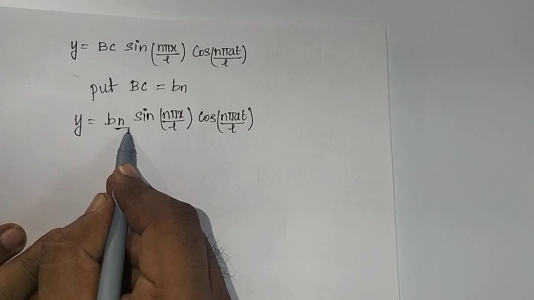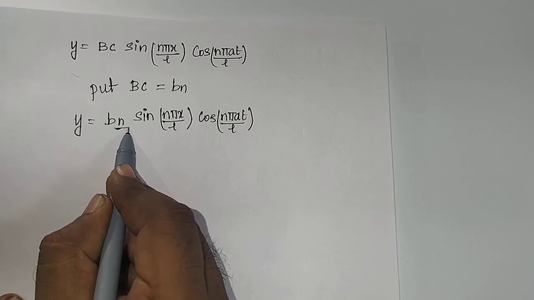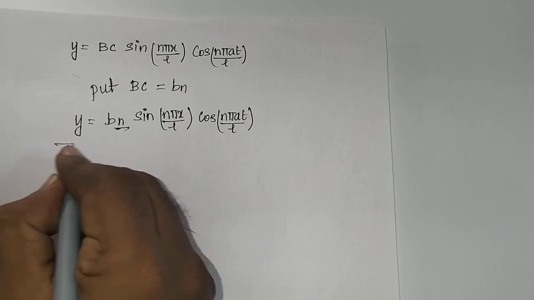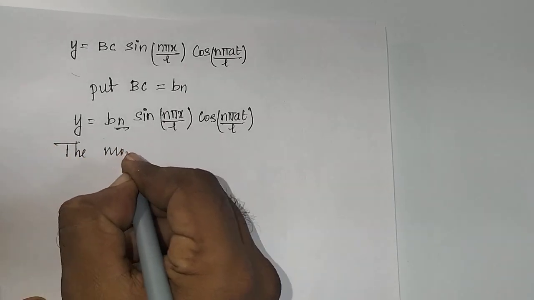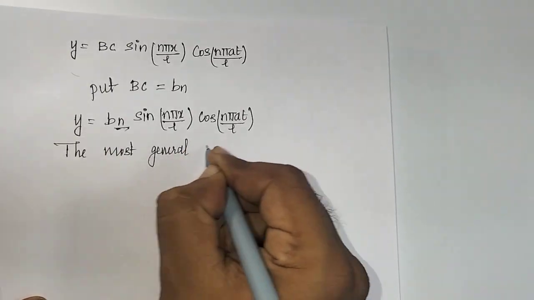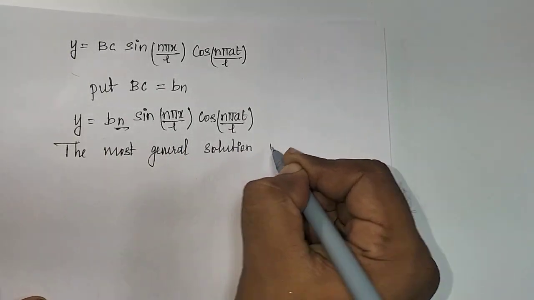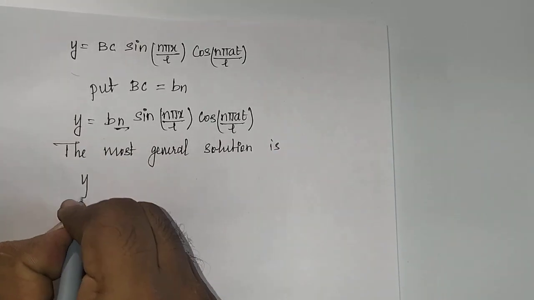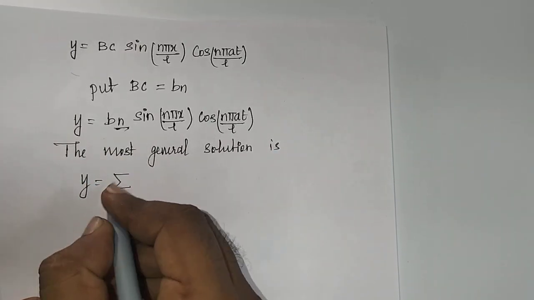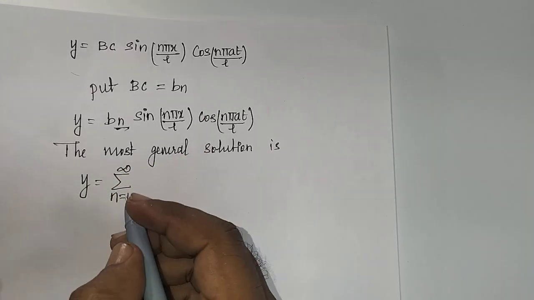Here generally we wrote the constant bc equal to bn, but we don't know what this n is. So by the superposition principle, I am going to define n equal to 1 to infinity number of terms, so that I am writing the most general solution. The most general solution is y equal to sum n equal to 1 to infinity. Why did we write the summation of n equal to 1 to infinity?